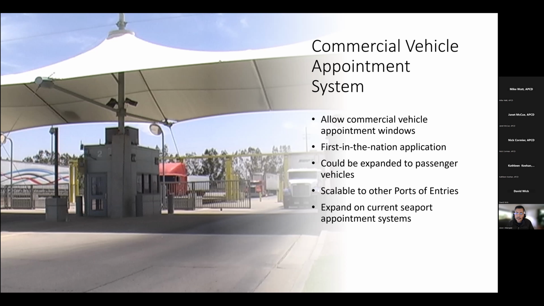If this system is successful, it'll be the first in the nation type of application that we do at a land port of entry. Actually, there's a lot of interest, especially from other border states. A couple of weeks ago, I had a meeting with some other border states like Texas, New Mexico, and Arizona, and also with the office of CBP in Washington, D.C., and the Department of Transportation.